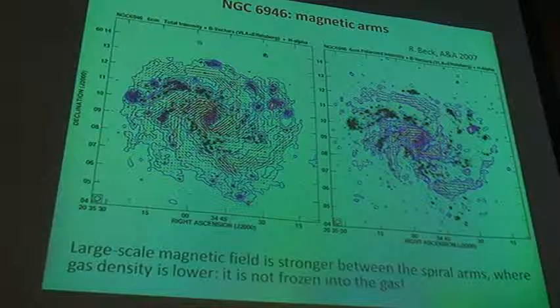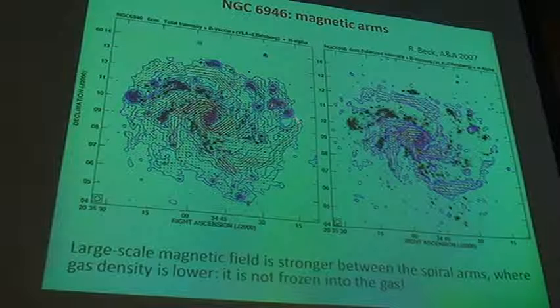Fine. Everything is fine until you look closer into this picture. Look at this arm. How it is related to that gas. Gosh, it's exactly between the gaseous spiral arms. So the large-scale magnetic field is stronger where gas density is small.